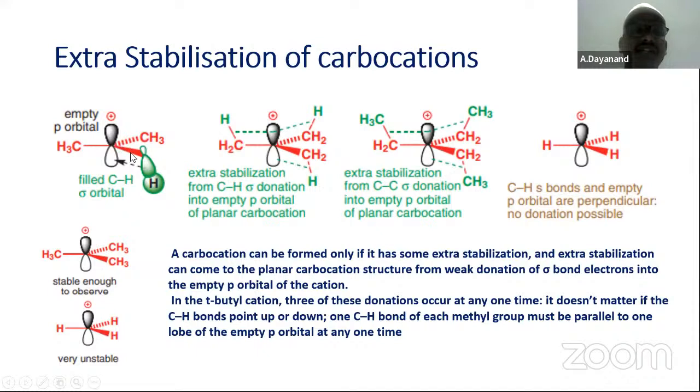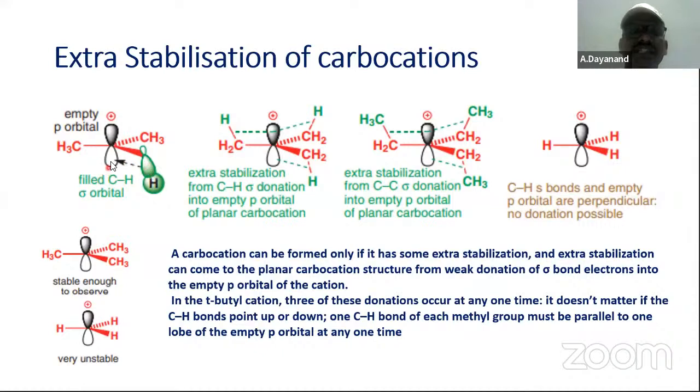If you see this one, it is tertiary. Tertiary means there is an interaction between the C-H sigma donation and the empty p orbital of the planar carbocation. The planar carbocation has an empty p orbital. This empty p orbital is stabilized by the extra bonding formed by the C-H bond.